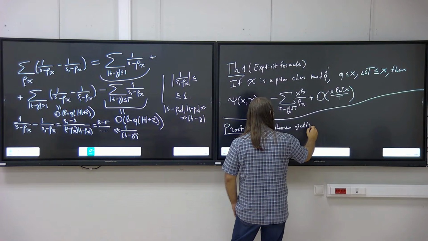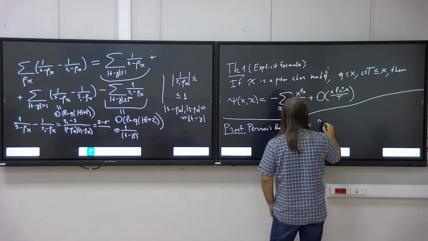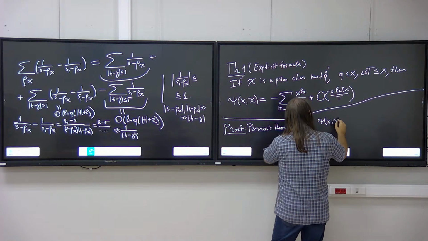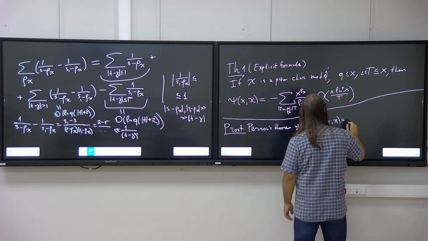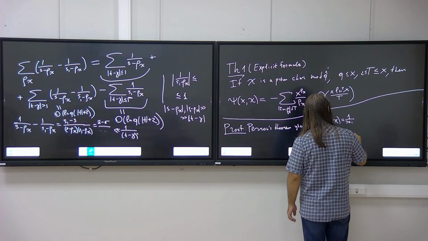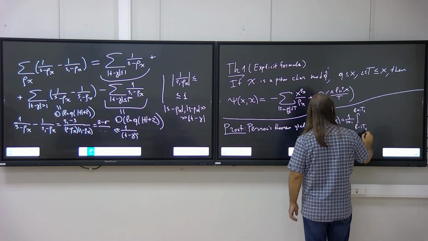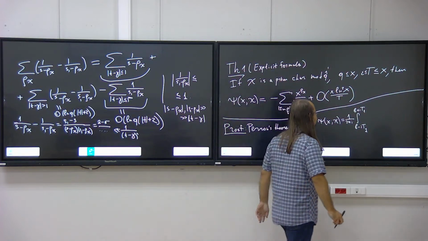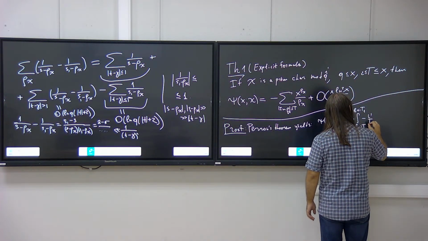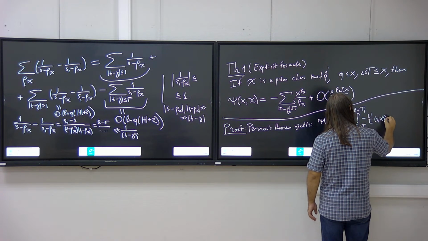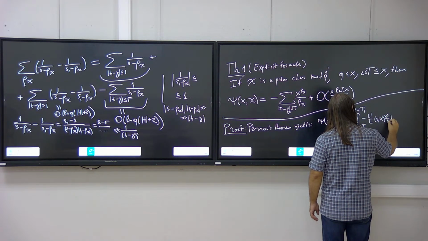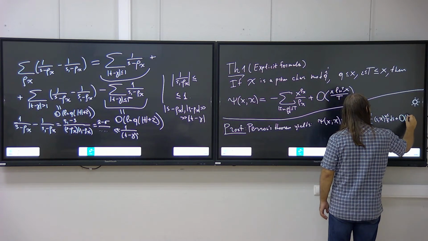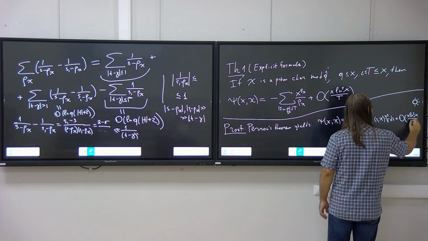Perron's theorem yields the following: that psi of x chi is equal to 1 over 2 pi i integral from b minus i t to b plus i t, but I will use once again t1, then I will explain what is t1, of minus L prime over L s chi times x to the s over s ds, plus big O of x log squared x over t.